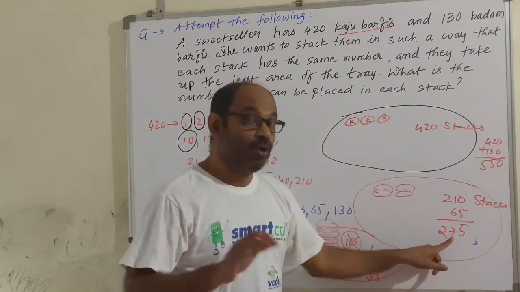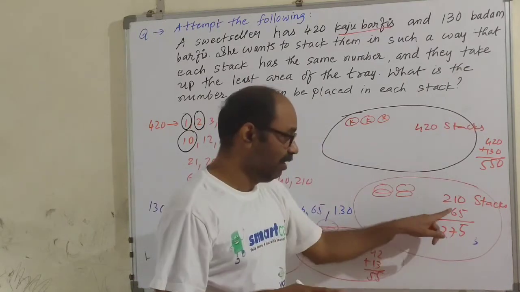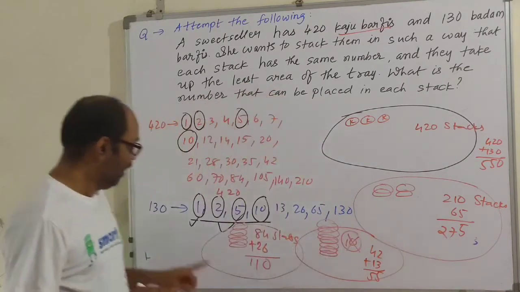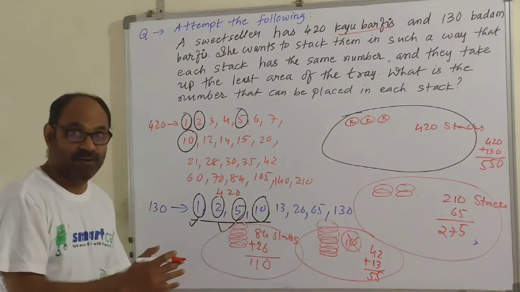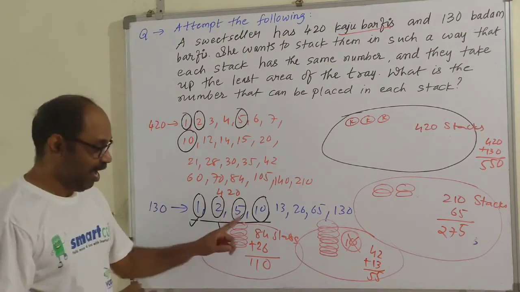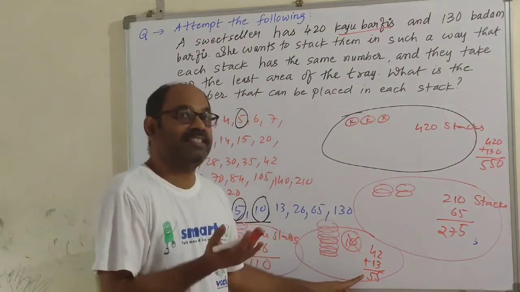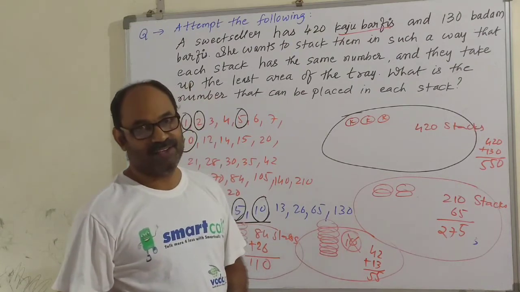In this case, 275 stacks will have to be arranged, and in each stack there will be 2 burfis. In this case, 110 stacks will have to be arranged in the tray with 5 burfis in each stack. And in this case, only 55 stacks will have to be arranged with 10 burfis in each stack.